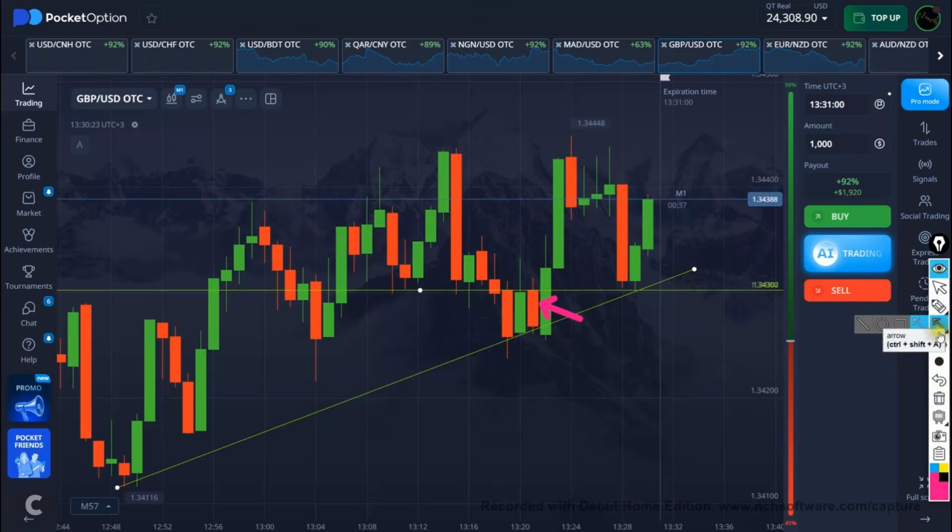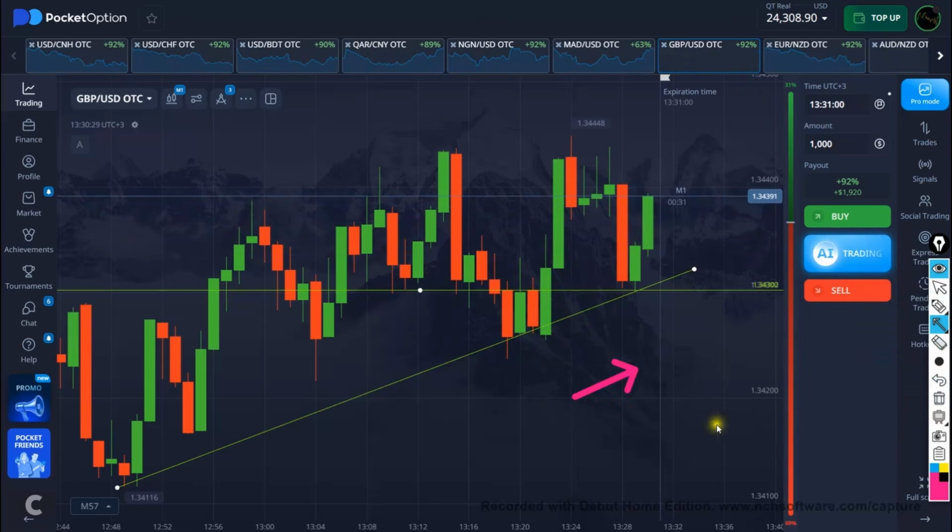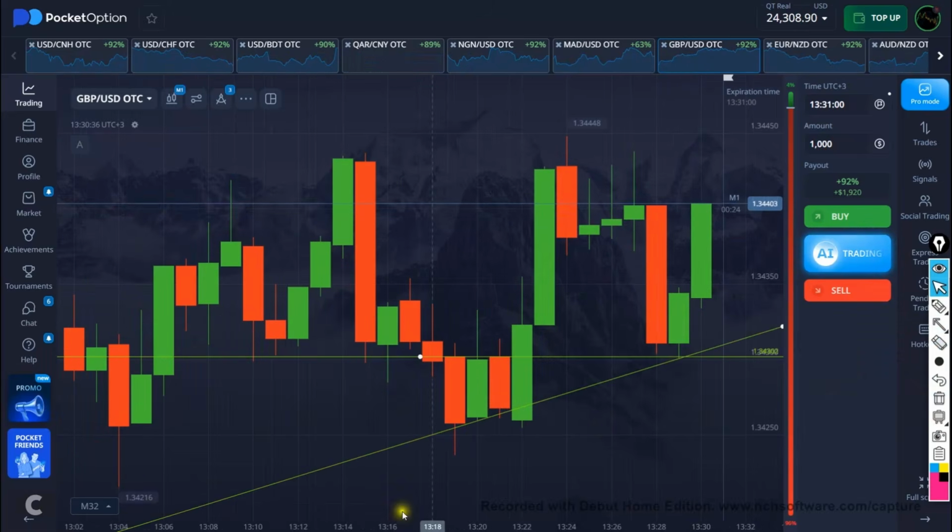So I came and drew a horizontal line exactly on the body of this red candle, and after doing that, we also lined up perfectly with this trend line. So this intersection is a very good point for entry. So I waited for the market to get there, and I took a trade.